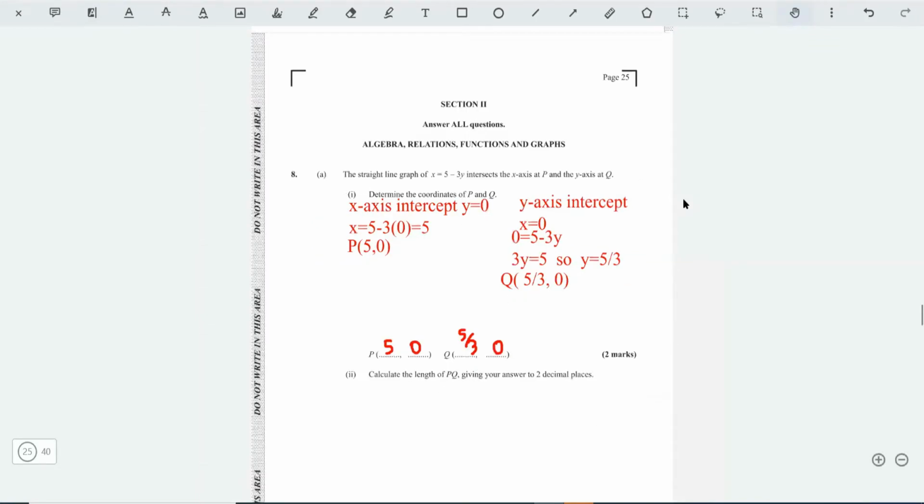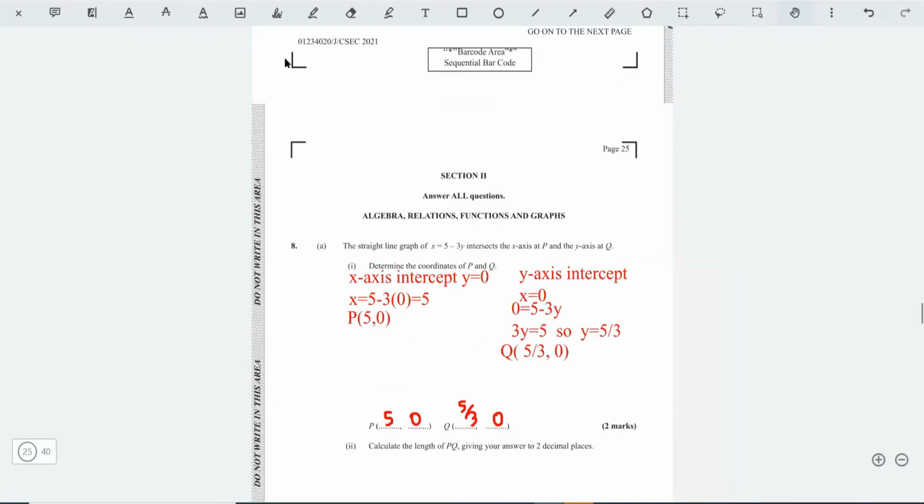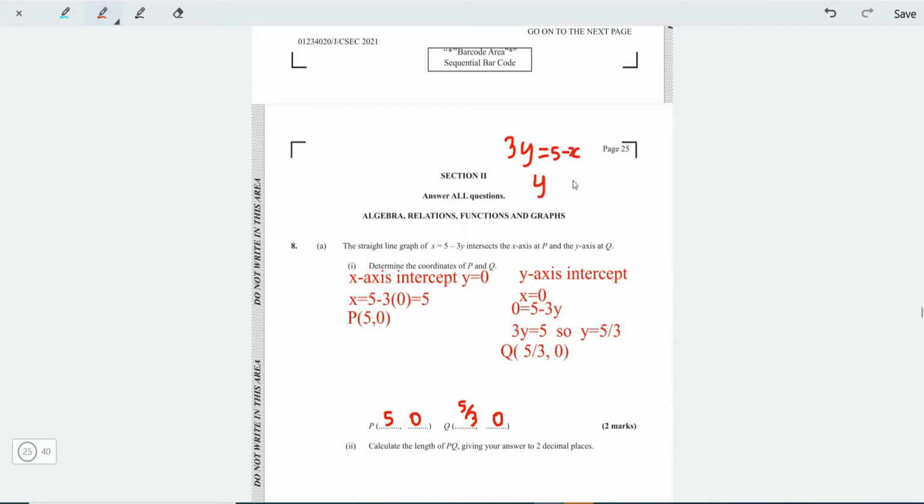If I were to actually draw this line, let's say I did want to make y the subject from day one. If I did make y the subject, this would be 3y equals 5 minus x. I'm just writing down what the line would be. Then I divide through by 3 to get y equals negative 1 over 3 times x plus 5 over 3.